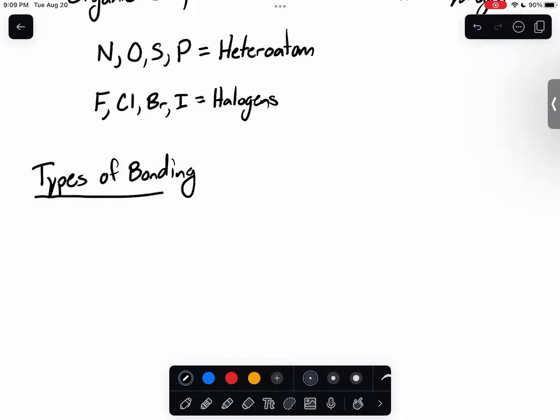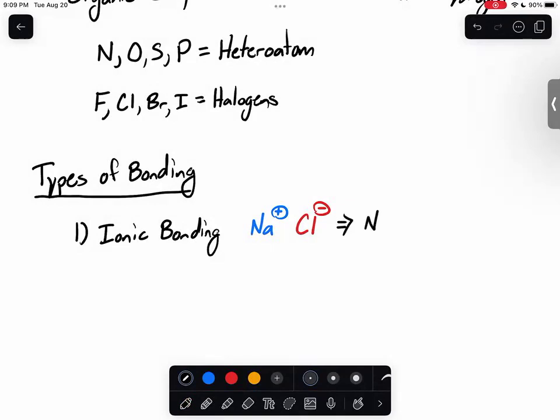The first one is ionic bonding, right? This is what you would be more familiar with from something like Gen Chem. In ionic bonding, we always have some sort of cation and some sort of anion. You can think of something like sodium chloride, right? We have that positively charged sodium and that negatively charged chlorine, and that comes together to make this very simple salt of sodium chloride.